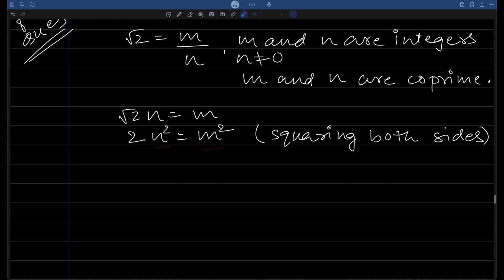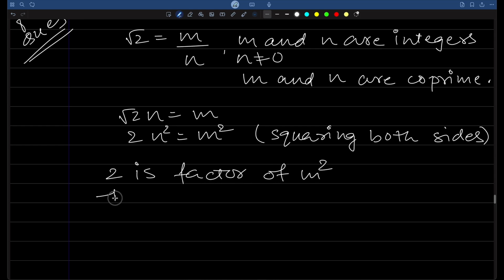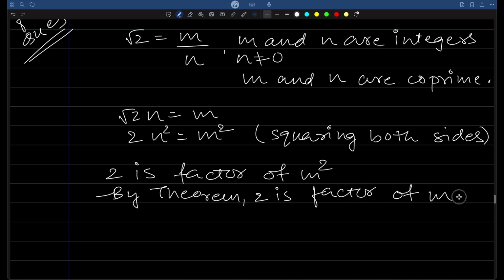n and m are co-prime. This means that 2 is a factor of m square, because there is no common factor between n and m, but 2 is a factor of m square. 2 is a factor of m square, and by theorem we can write 2 is a factor of m.